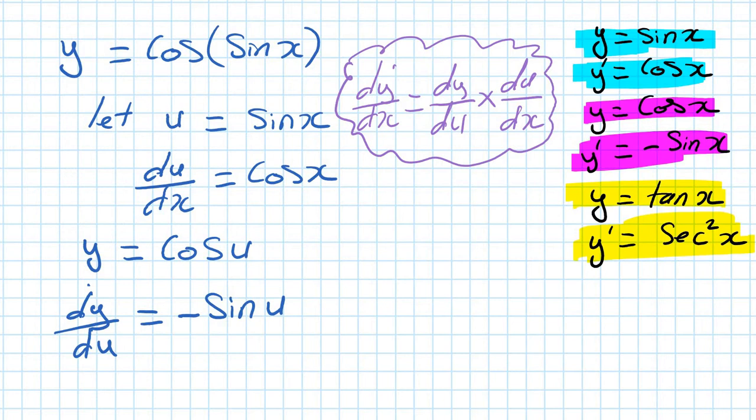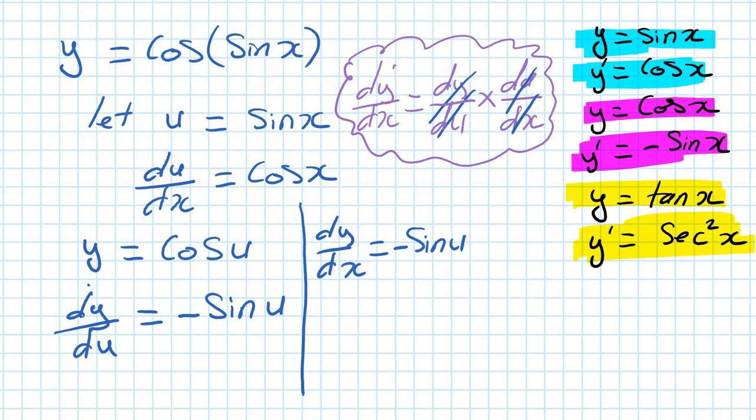So therefore, I write here. What we do, dy dx, dy du is this one here. dy du is negative sine of u. And then du dx, we times du dx, which is cos x. So therefore dy dx is equal to negative sine of u. u is sine x, and then cos x.